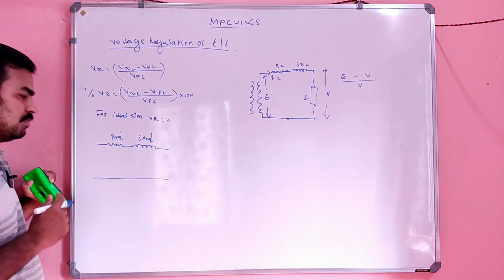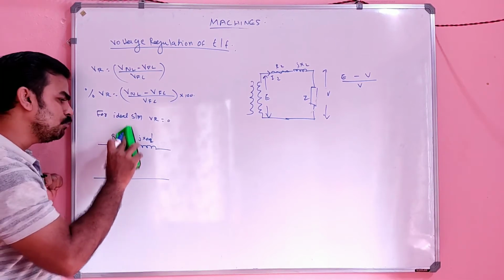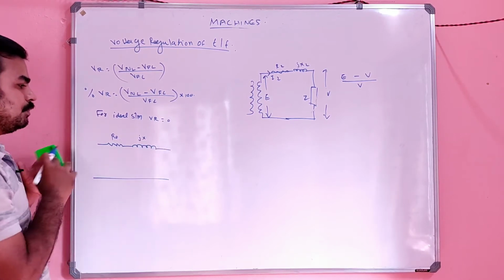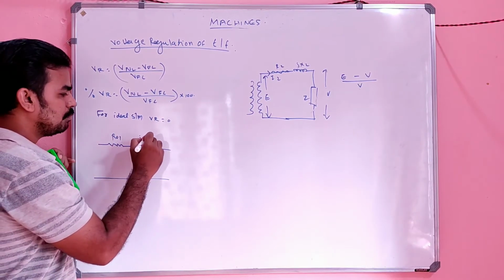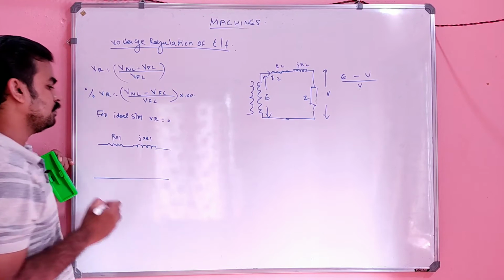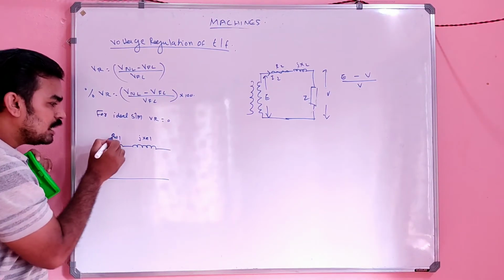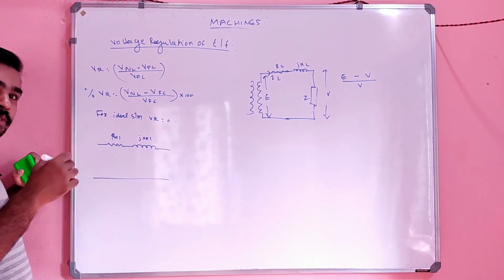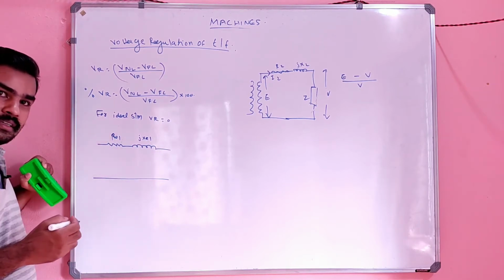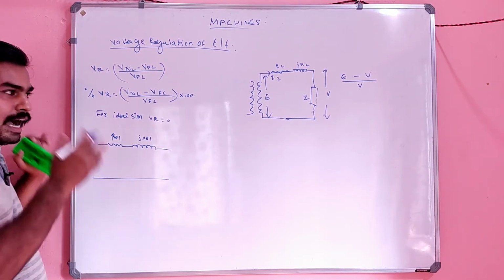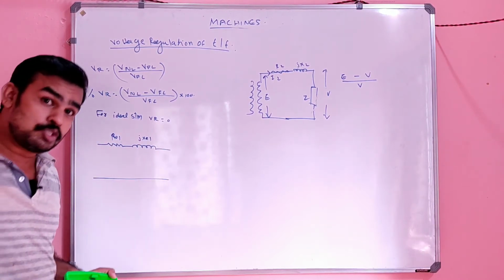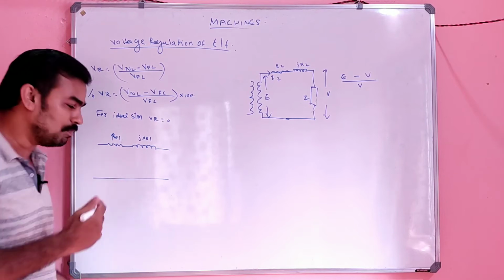You can use any name. Let it be RE1 plus j XE1, which is nothing but the equivalent resistance referred to primary and equivalent reactance referred to primary. So this RE1 is nothing but R1 plus R2 dash, and XE1 is nothing but X1 plus X2 dash, because we are referring it to primary.